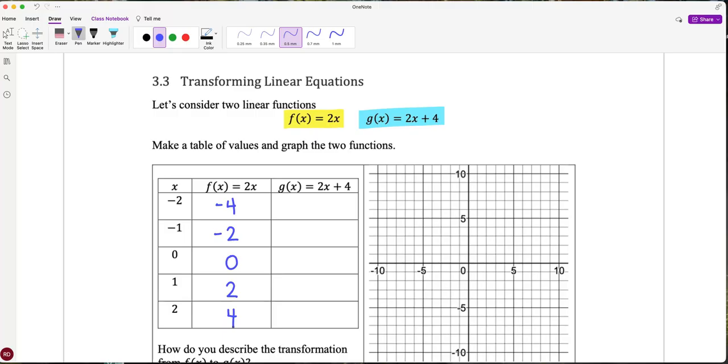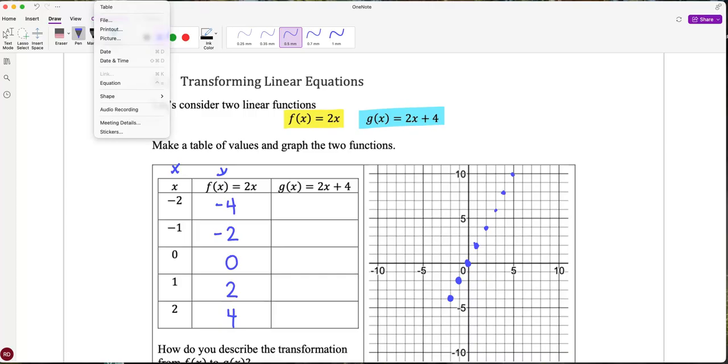So let's graph that function. These are my x values, and these are my y values. At negative 2, negative 4, that's right here. Negative 1, negative 2; 0, 0; 1, 2; and 2, 4. So I know that this one has a slope of 2. So let's draw this.